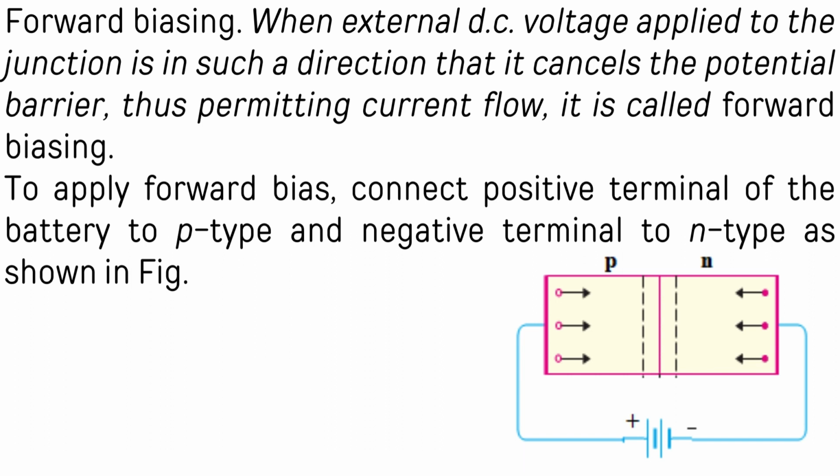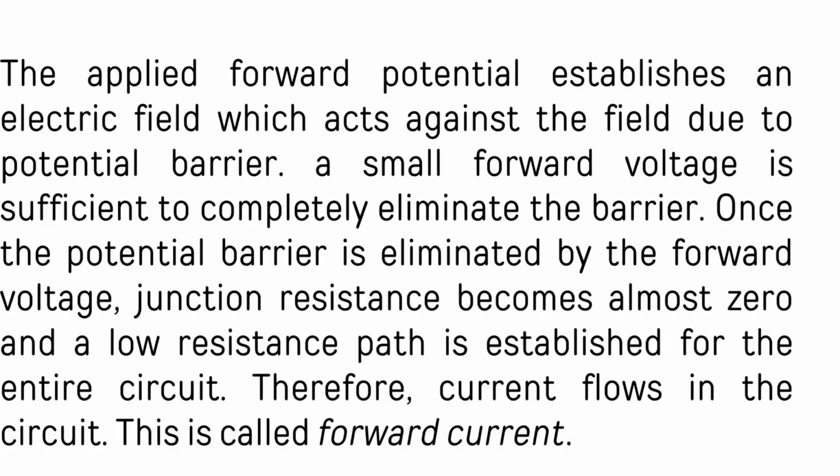When p is connected to positive, holes are repelled, and when n is connected to negative, electrons are repelled in the n-type material, which causes the width of the depletion layer to become thin. The applied forward potential establishes an electric field which acts against the field due to the potential barrier. A small forward voltage is sufficient to completely eliminate the barrier.